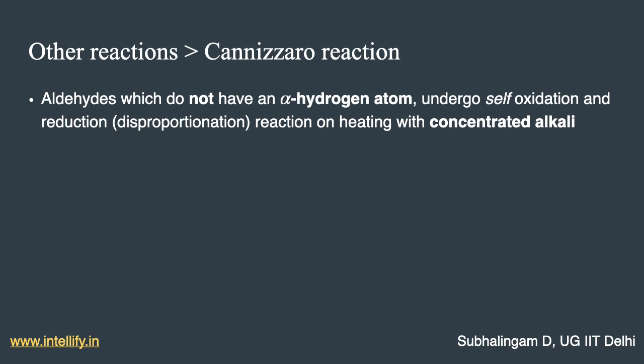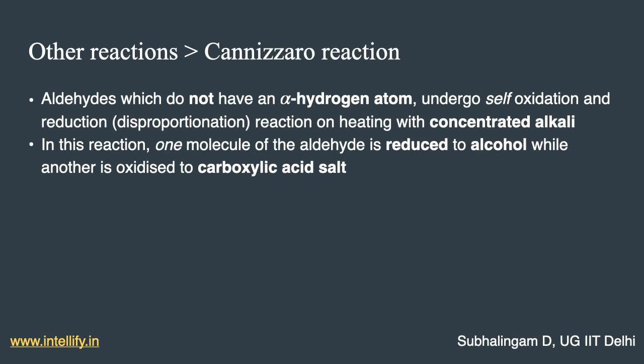In aldol condensation, we got a ketol or an aldol. Here we get a self-oxidation and a self-reduction reaction. That's a disproportionation reaction. So let's see what happens. In this reaction, one molecule of aldehyde is reduced to alcohol while the other molecule is oxidized to a carboxylic acid salt.